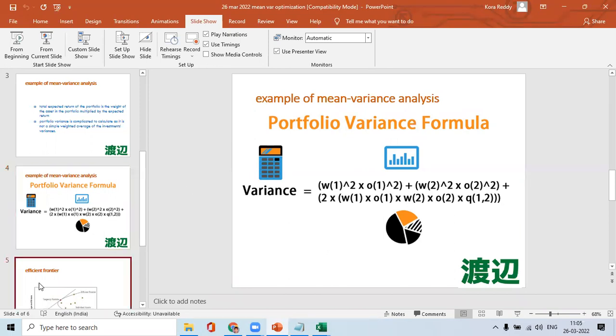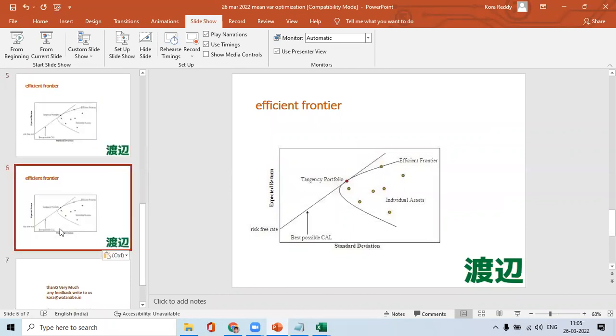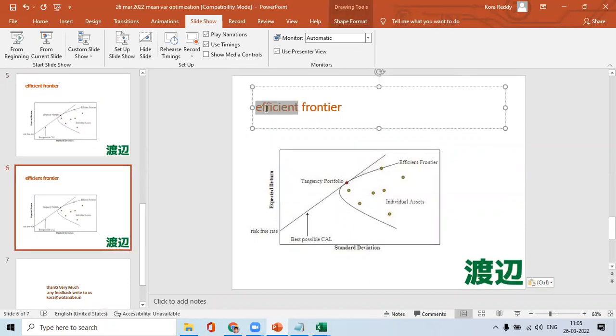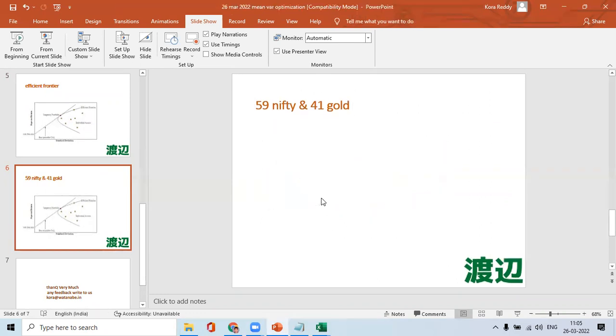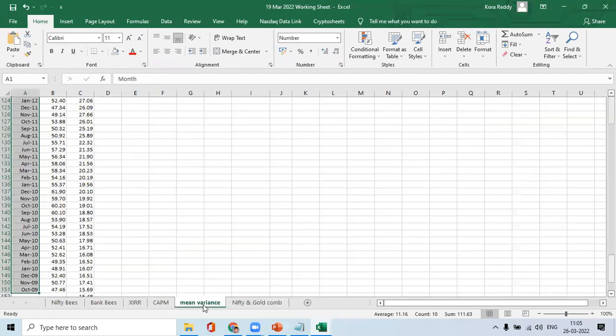So this is a graph which I took from the web. We also have the same graph. We can just paste it if you want. We'll paste it. Let's see. This is 59 Nifty and 41 gold. So we have to go and, where is that graph?